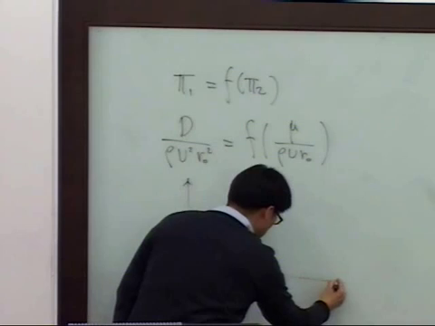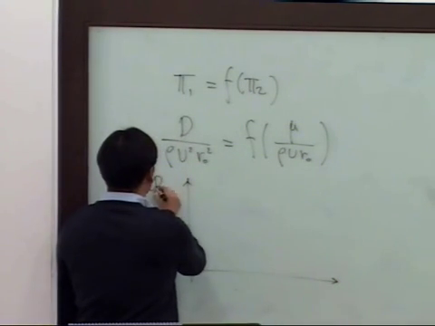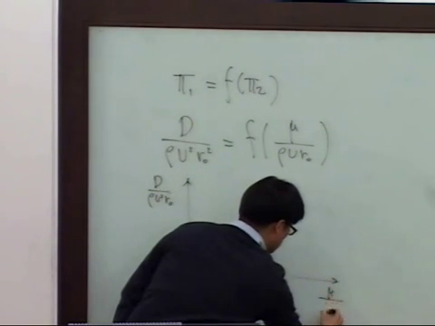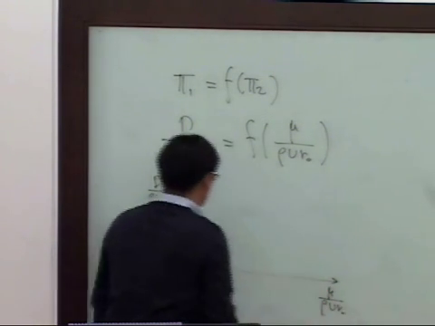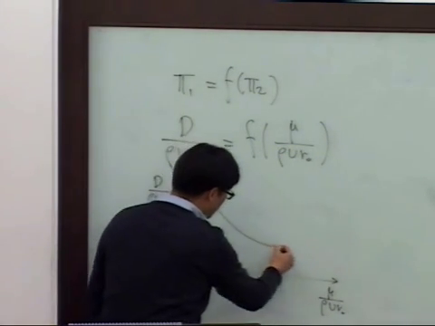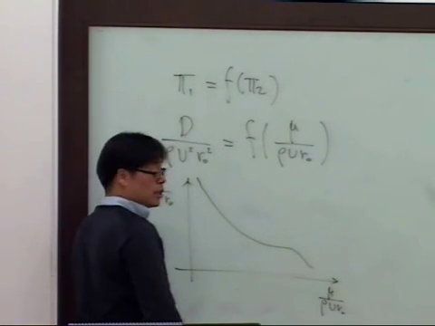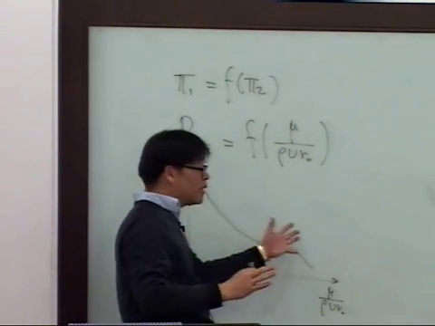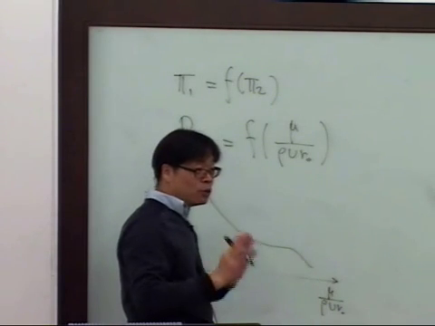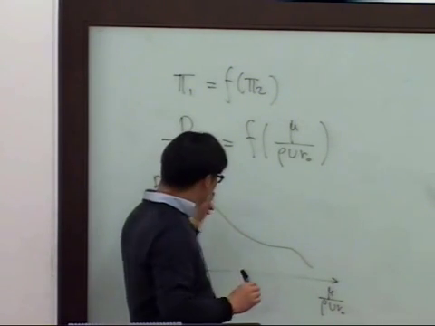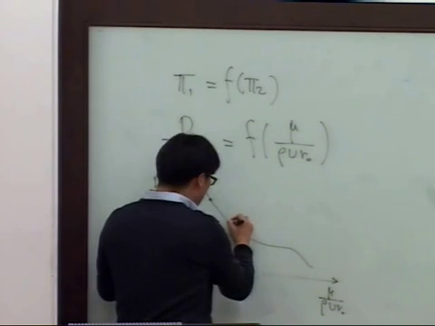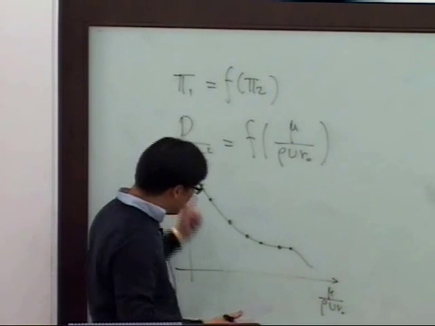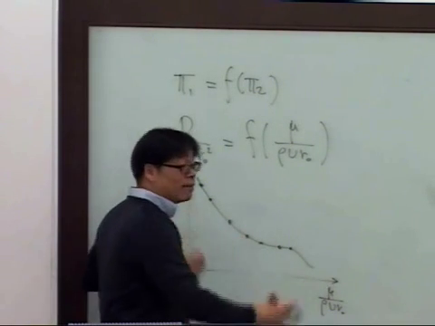So, in other words, you can find drag divided by rho u square r naught square, you can draw a line like this. Although I don't know what the f is. Okay, the functional dependence I do not know. You have to do experiments to find all these points. But all I can tell you is I can draw a single line that represents everything.